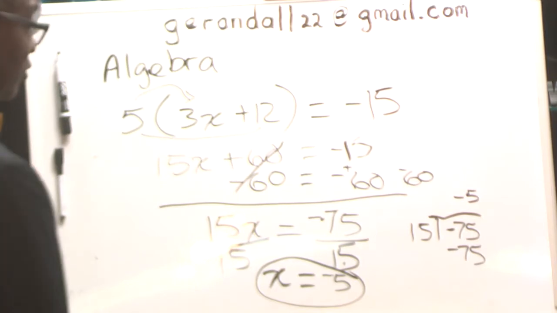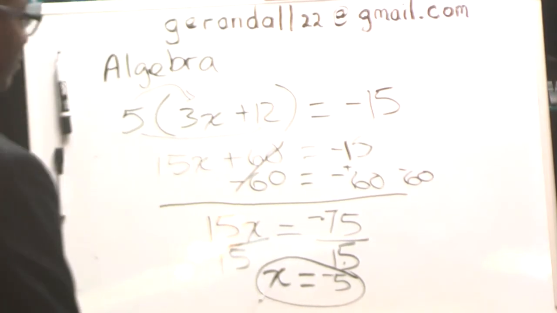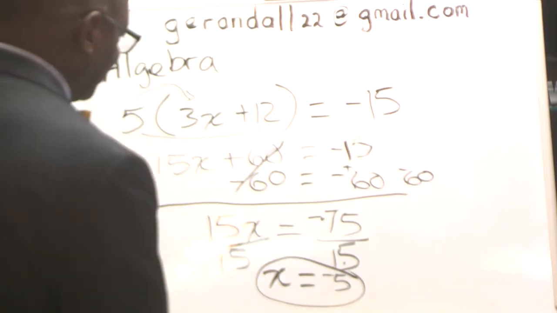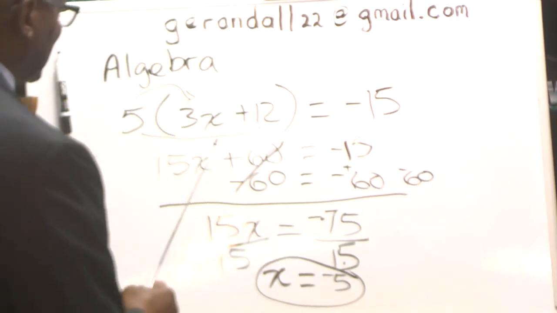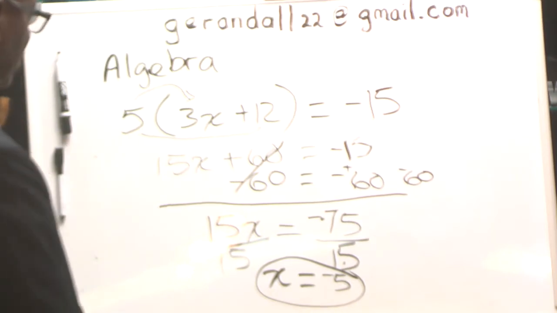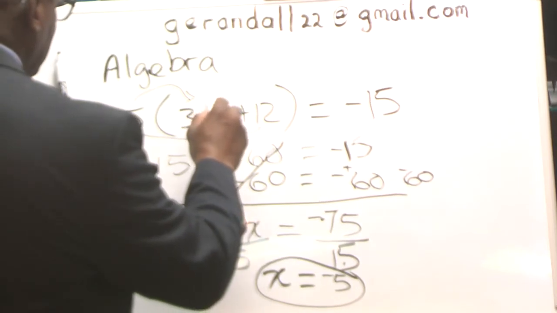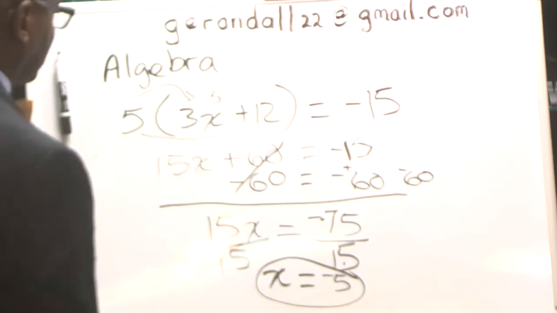Now, do we know if that's right? We got to check it. A lot of your homework assignments are going to say solve and check. So wherever there was an x, you got to put negative 5. So we're going to put here a negative 5 and place it at x.